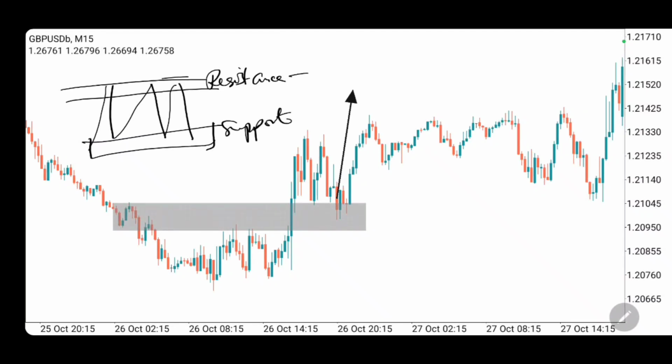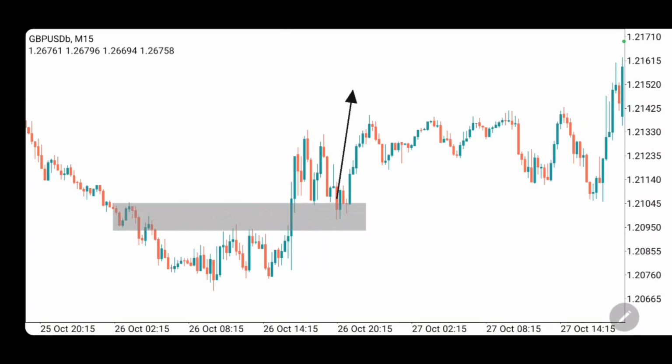So support is not the same as your supply zone, even though price sells from a support, from a resistance or supply zone, okay, because for a supply zone, price may not have come to the zone, but a block has been created, an unfulfilled order has been created that has to be mitigated. The support is not the same as a demand zone. I'm going to explain this concept perhaps in a separate video so you can understand this vividly.